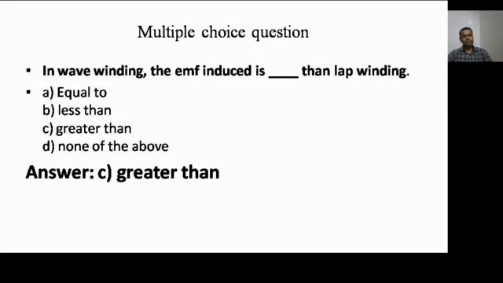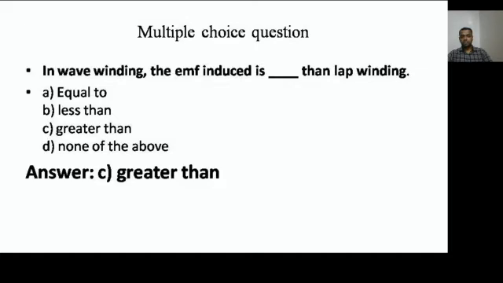The next one: in wave winding the EMF induced is dash than lap winding: equal to, less than, greater than, none of the above. Wave winding is used mainly for high voltage and low current.